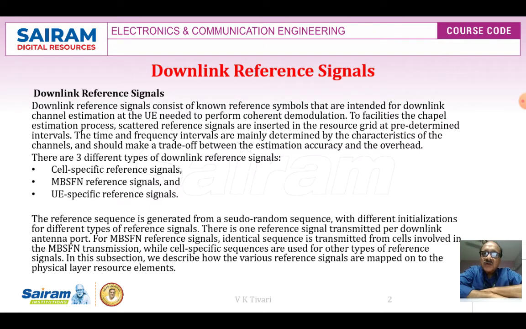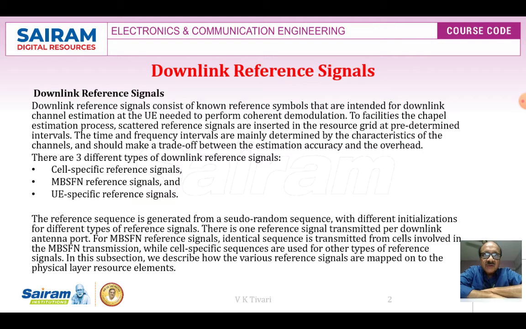There are three different types of downlink reference signals: cell-specific reference signals, MBSFN reference signals, and UE-specific reference signals. The reference sequence is generated from a pseudo-random sequence with different initialization for different types of reference signals.